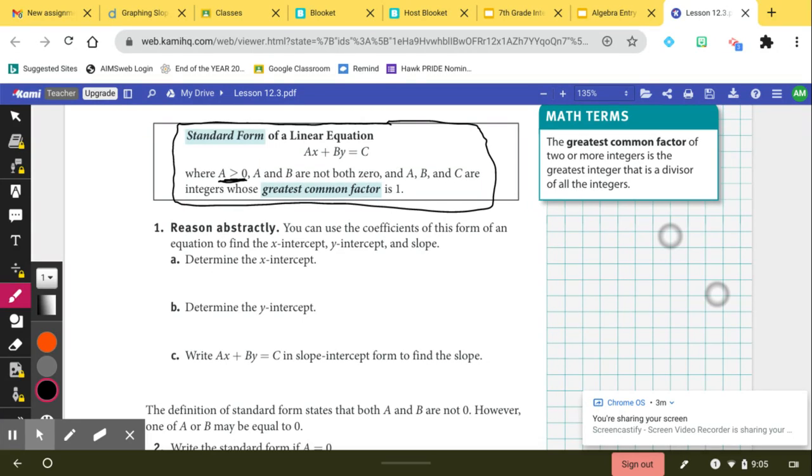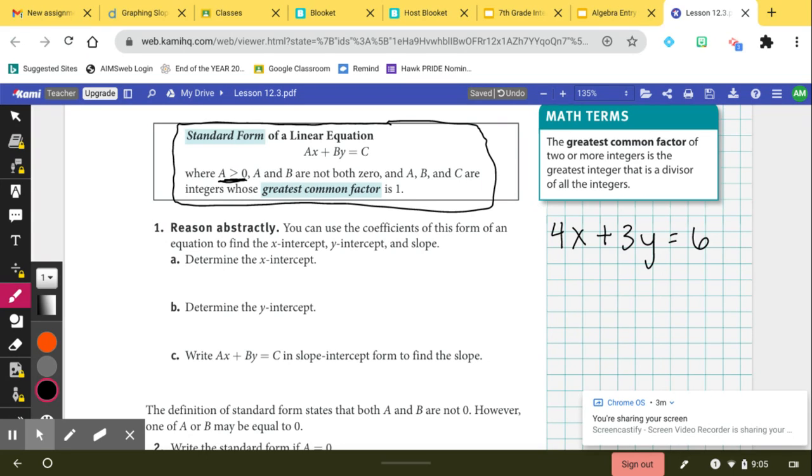So let's say we're dealing with the linear equation 4x plus 3y is equal to 6. So this is in standard form. a is greater than or equal to 0. a and b are both not 0. And the greatest common factor between 4, 3, and 6 is 1. So this is in good standard form.